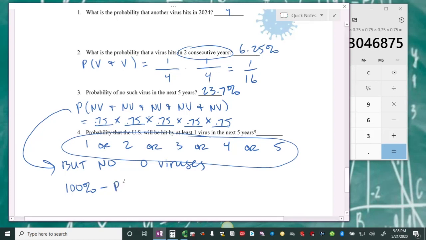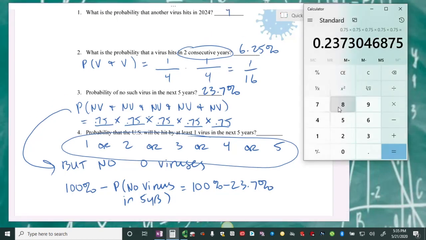So the probability that no viruses in 5 years. So I take out the case that I don't want. So 100% minus 23.7%. And I'll do that over here in my calculator. So 100 minus 23.7.